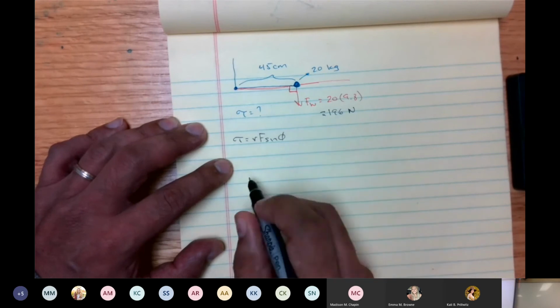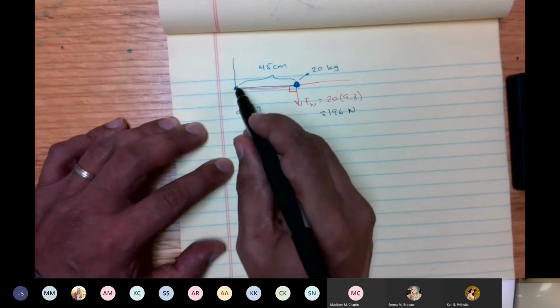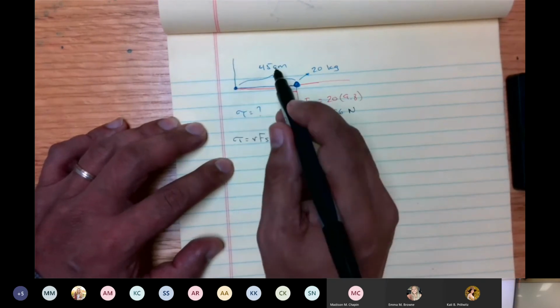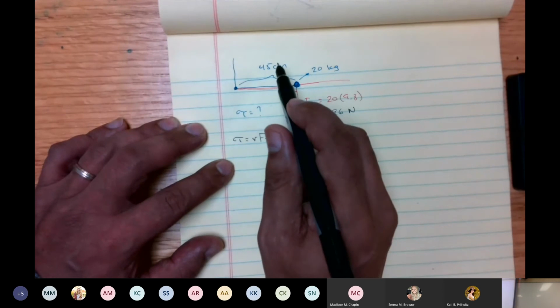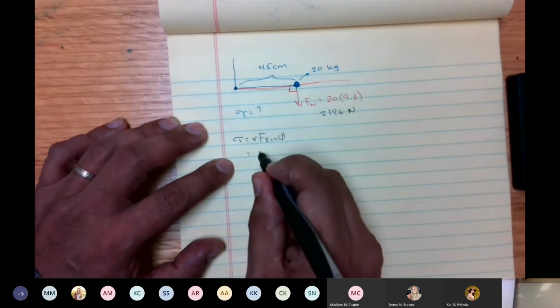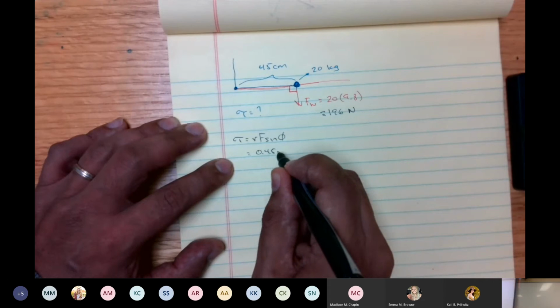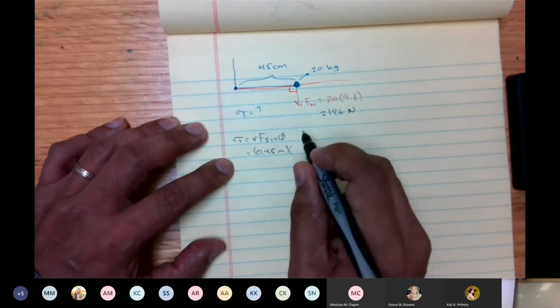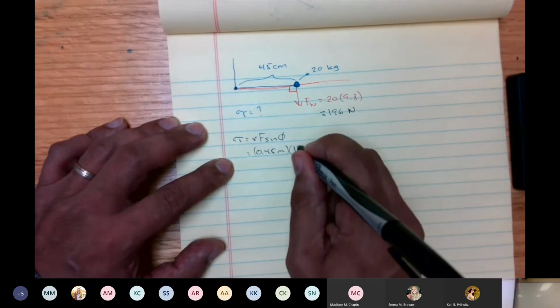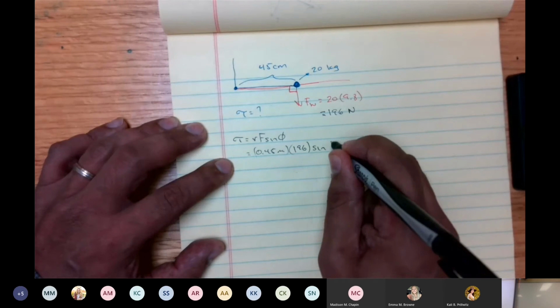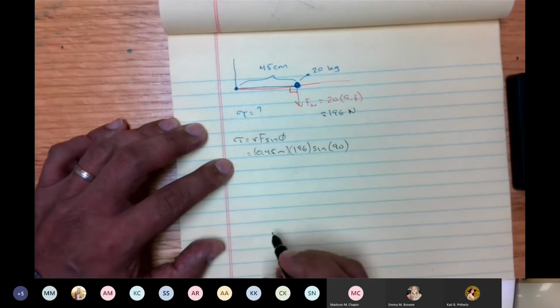R is the distance between the pivot point and the force. It's 45 centimeters. I'm going to convert it to meters, so this is going to be 0.45 meters times 196 newtons times sine of 90 degrees. Sine of 90 is going to be 1.